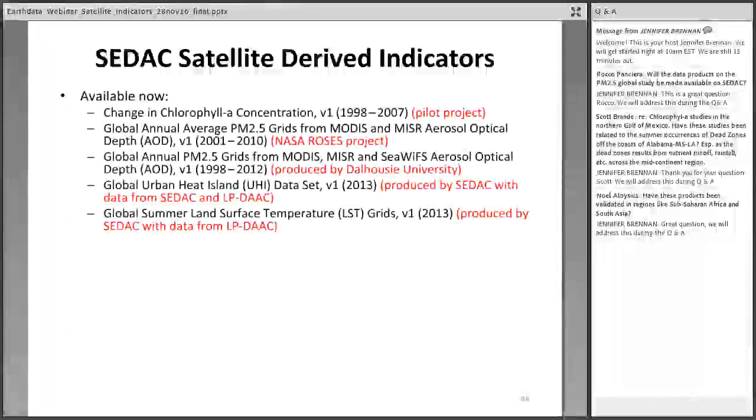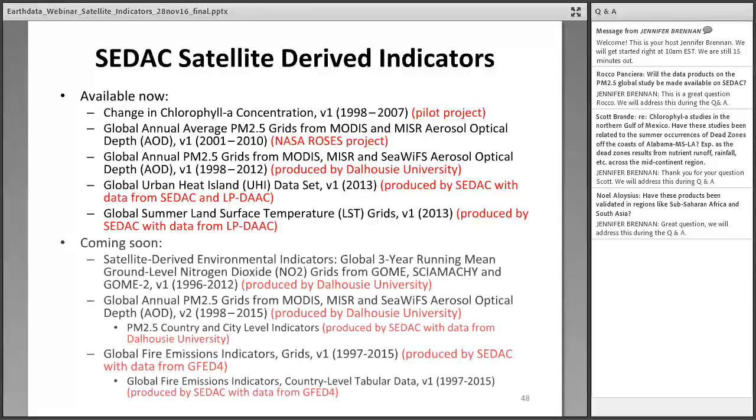So at the current time, we disseminate these 5 data sets that are entirely based on satellite data that are processed in various ways. I'll have examples of each of these, so I'll describe them as I go through the presentation.